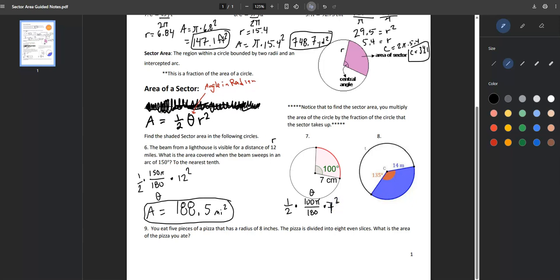So again, 1/2 times 100 pi over 180, and then times 7 squared. And that one gives me 42.8, and this would be centimeters squared.